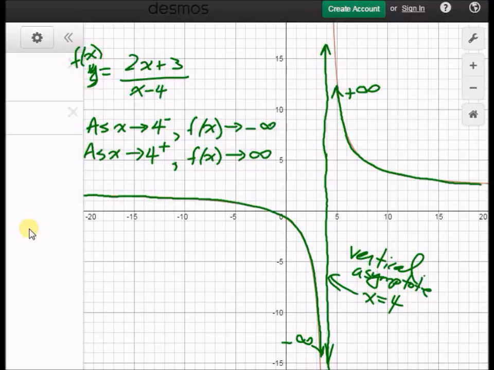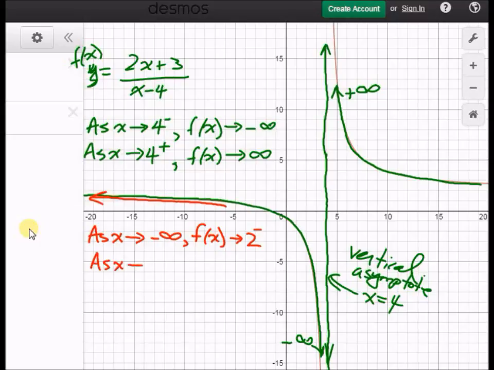All right, we could also look at as x approaches negative infinity. What's happening? So as x approaches negative infinity, f of x approaches 2. And it's coming up to 2 from the negative side.